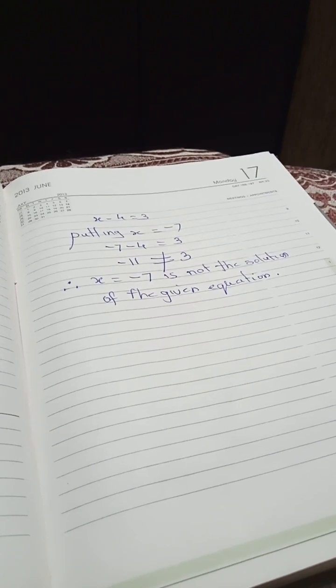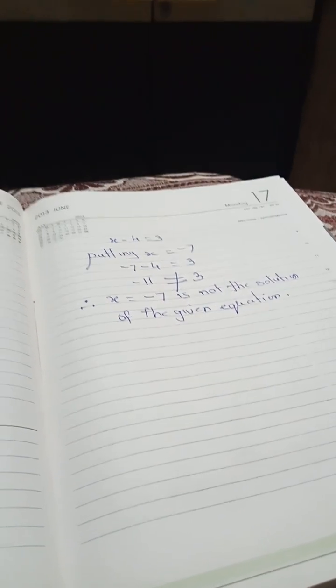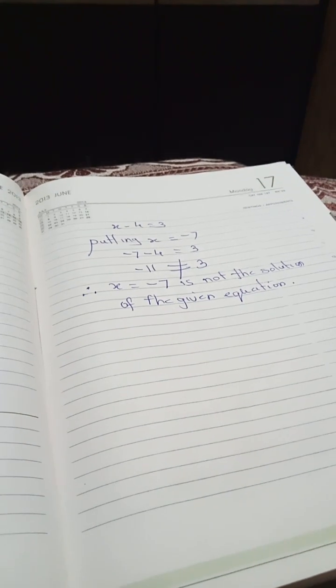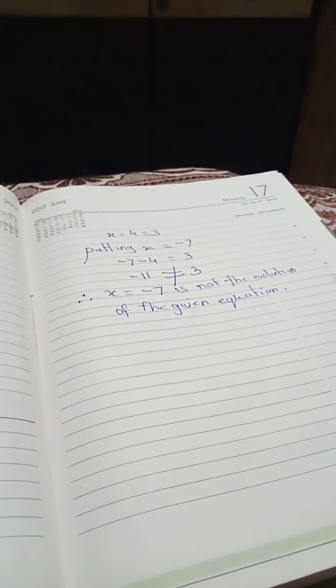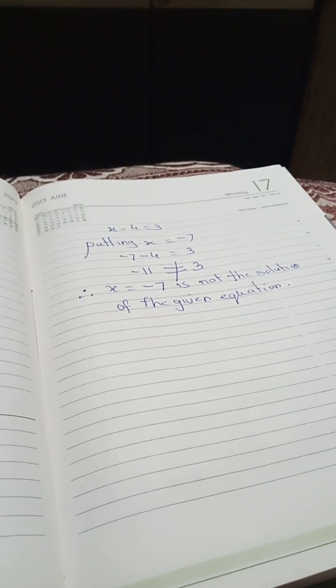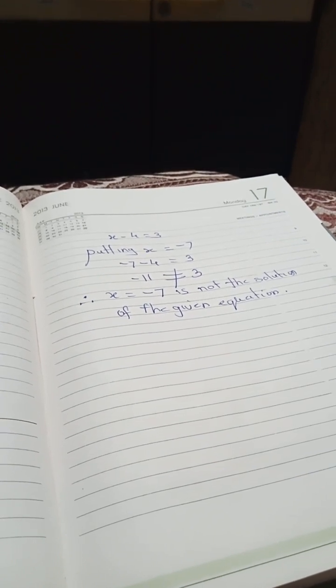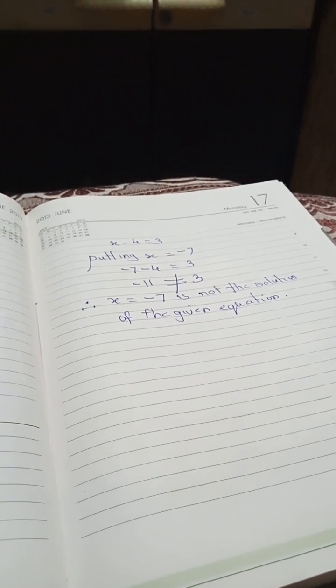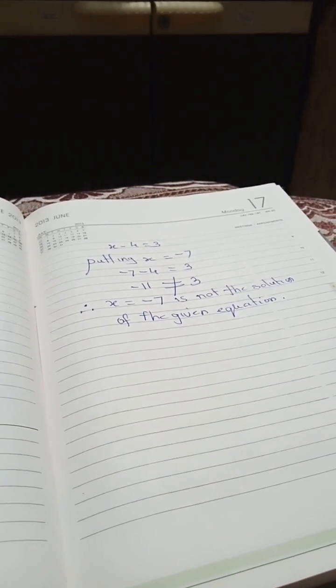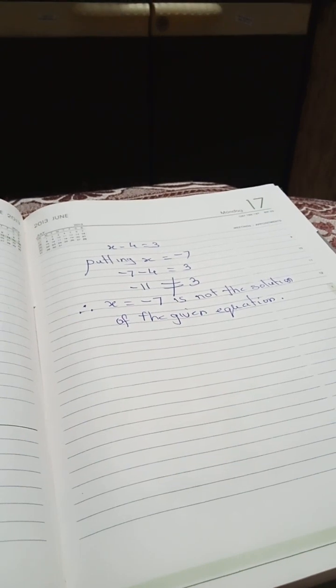So be careful about this sign and focus your mind, concentrate on what you are doing. I'm challenging you: if you solve in this manner, you will get 100% marks in your maths.